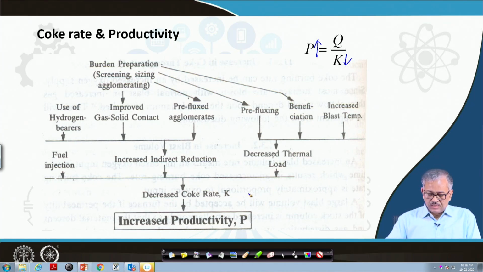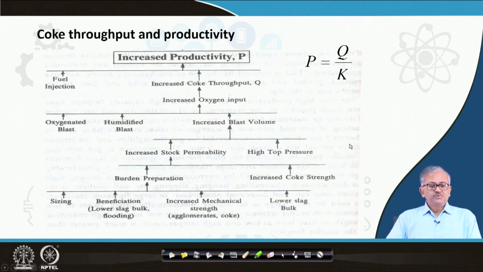So this is the coke rate, and now let's see the coke throughput and the productivity. Now, how can you increase the coke throughput inside the blast furnace? This is an aerodynamic problem, as I said. If you want to burn more coke per unit time, you have to use a higher air blast, right?